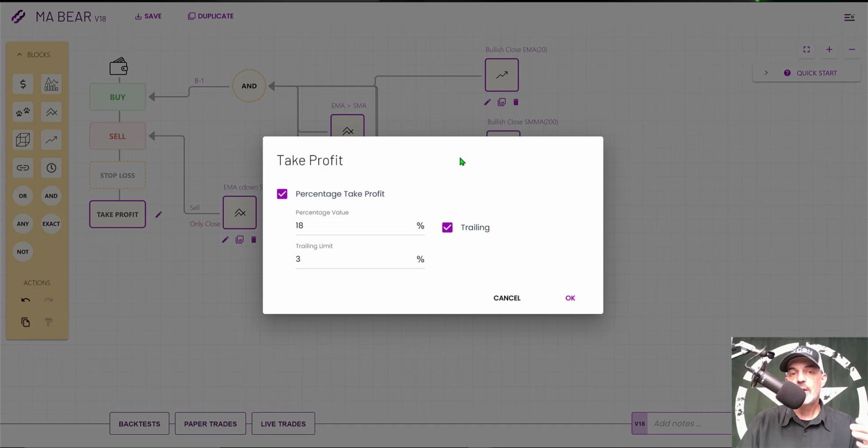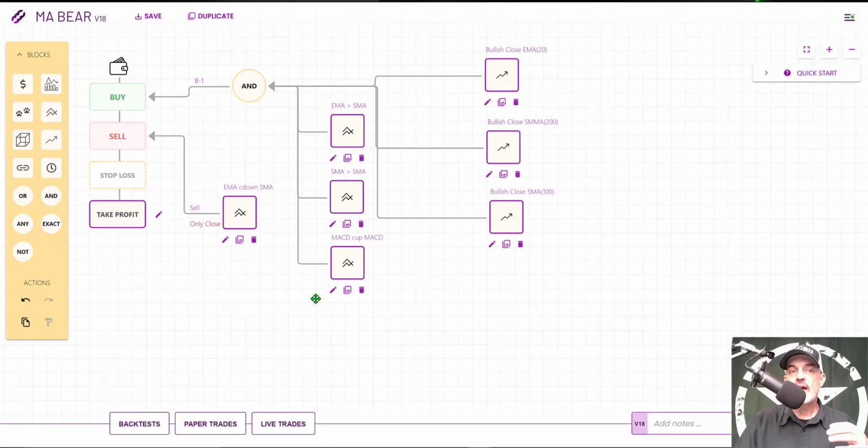It will trigger a take profit, but it won't actually sell if the price continues to move up. So if the price moves up to, say, 24%, it won't sell until it retraces back the 3%. It would have to retrace from 24 to 21, and at that point, it would execute a sell order and exit the position. So now I have my buy, my sell, and my take profit configured.